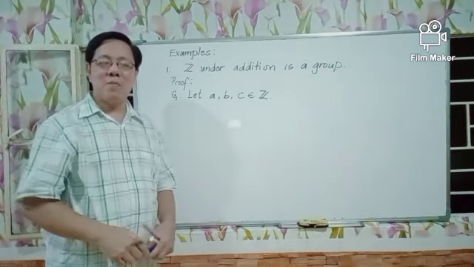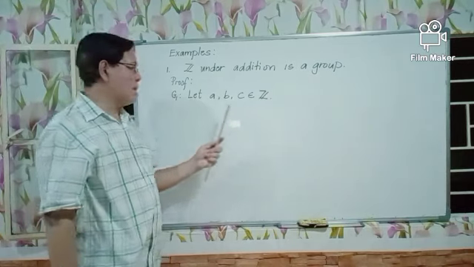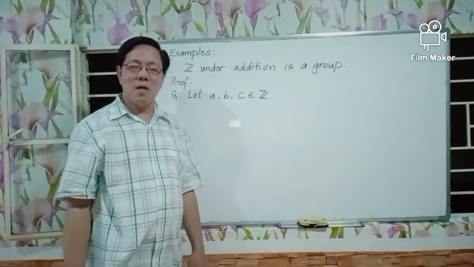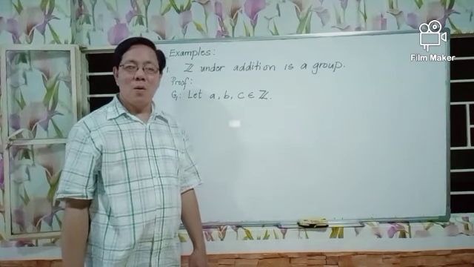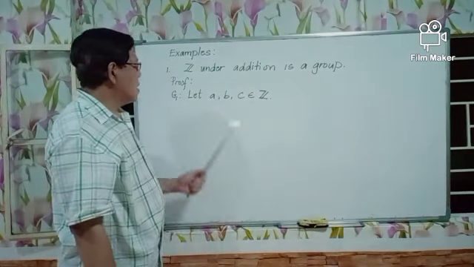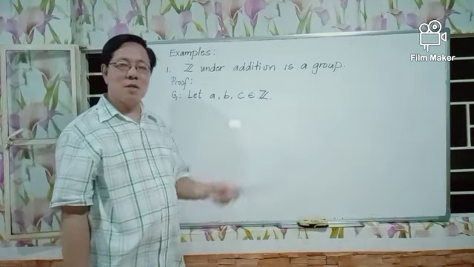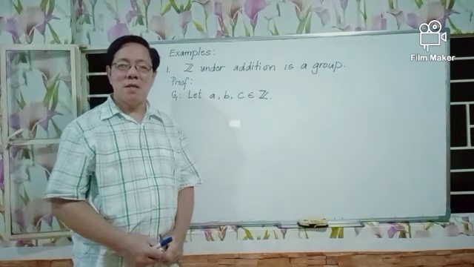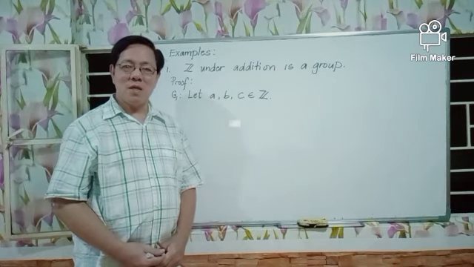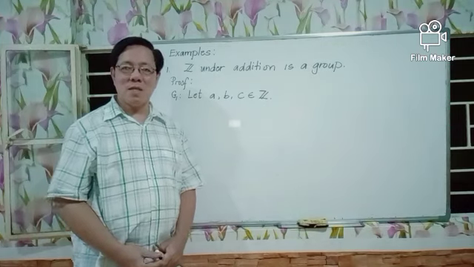We let a, b, c be elements of Z. This means that these elements a, b, c are integers. They may be positive integers, negative integers, or zero integer. And we verify the first property, associative property, under addition. We must show that a plus quantity b plus c is equal to quantity a plus b plus c.